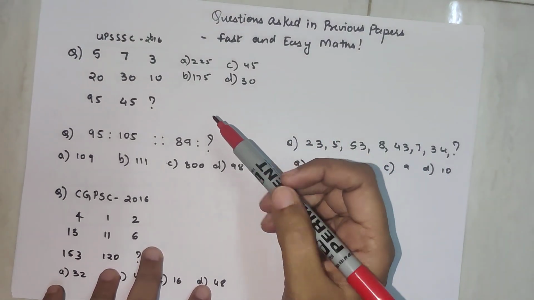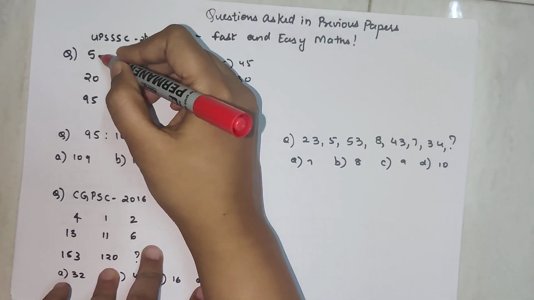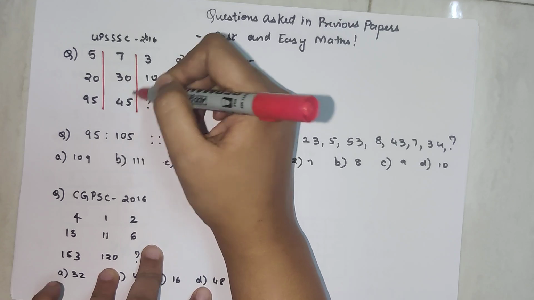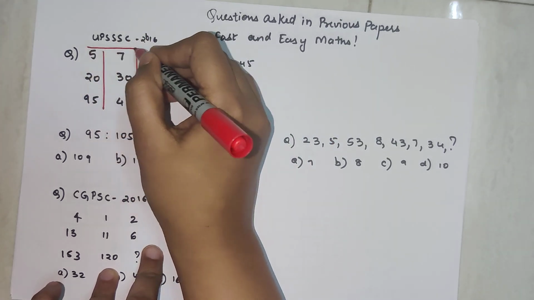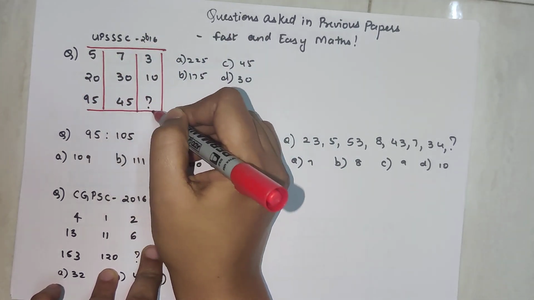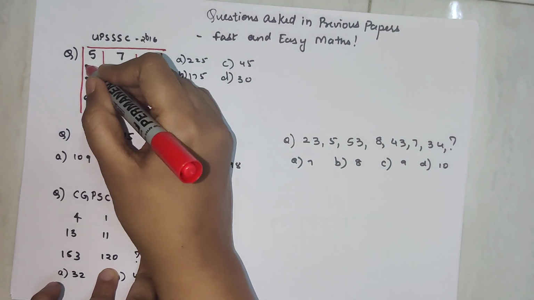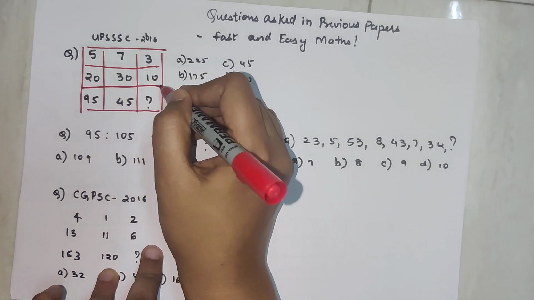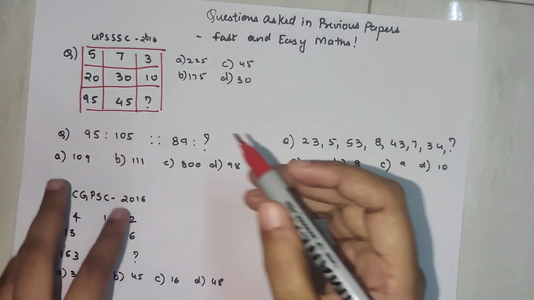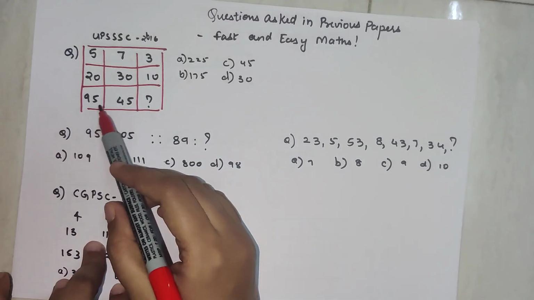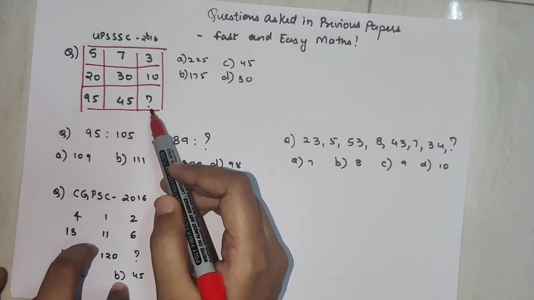So beginning with the first one, please understand this is a box. This is a box containing 3 rows and 3 columns, and they want you to find the value of the last cell.